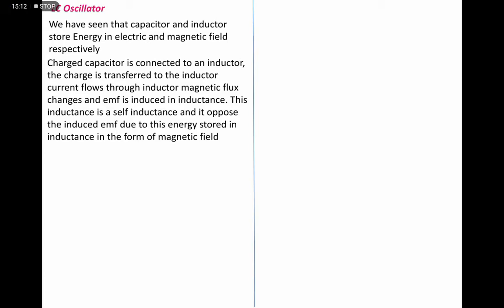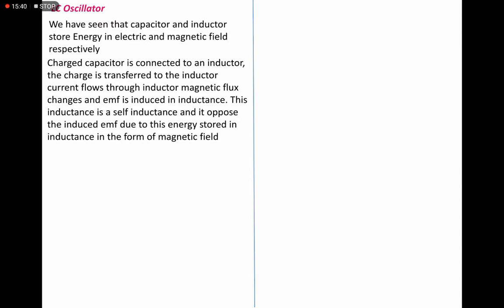Here we have to keep it in our mind. There is no source of electricity in this circuit. Only inductance and capacitance are connected in series with each other. Definitely capacitor is fully charged, and this charge passes to the inductor, and flux changes and current is induced.